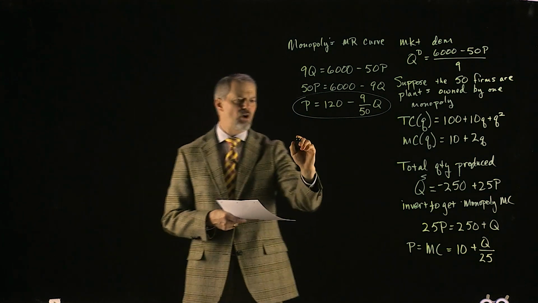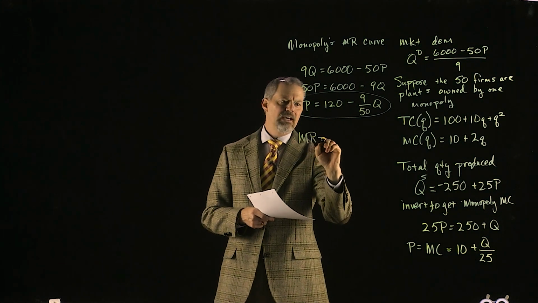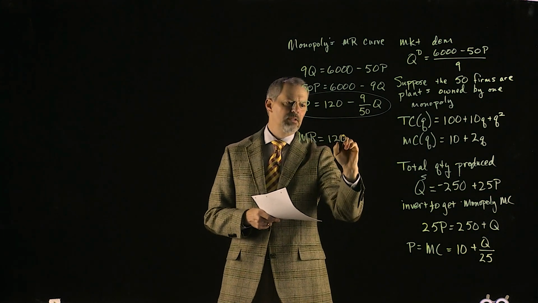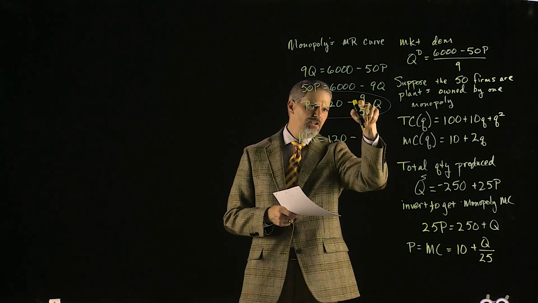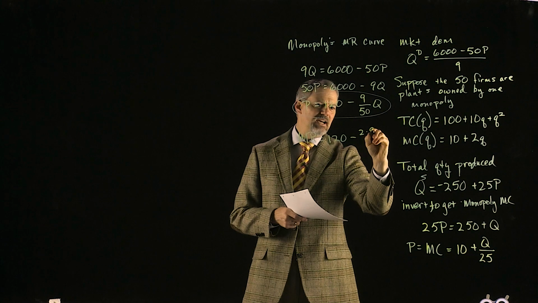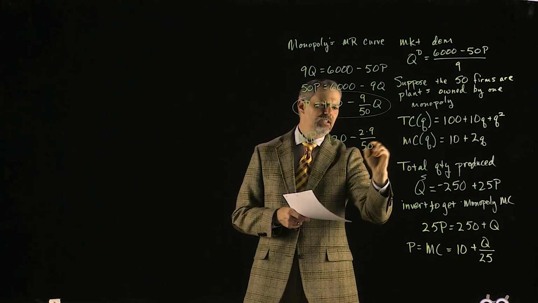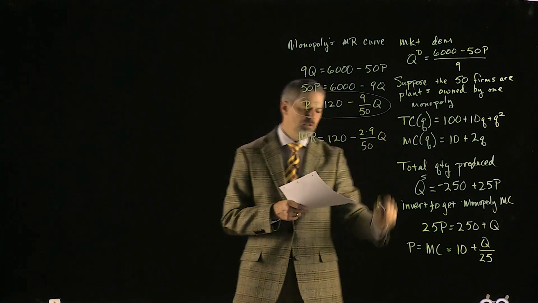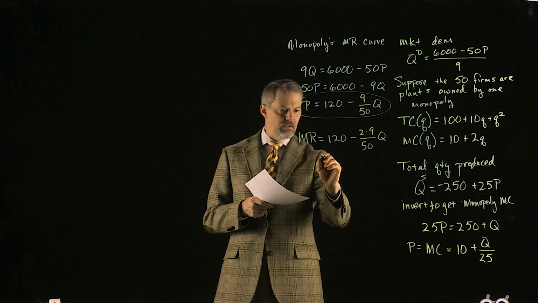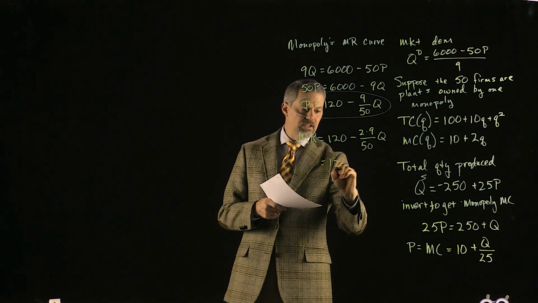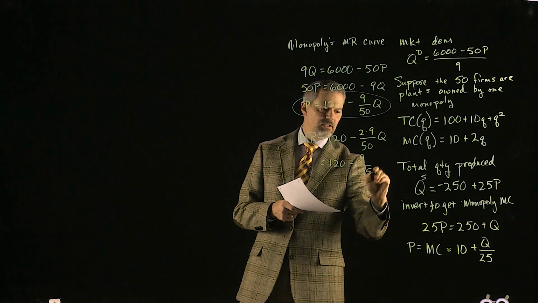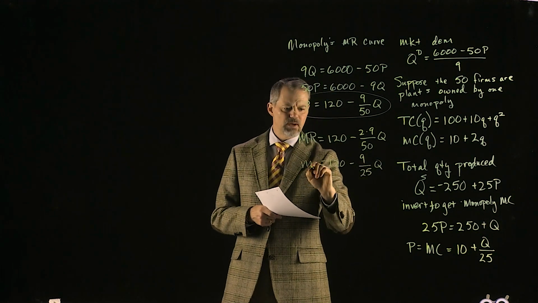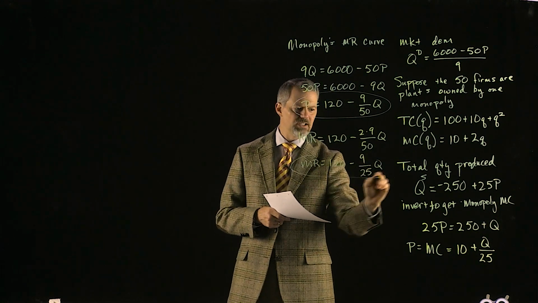That means that my marginal revenue curve has the same intercept and twice the slope. So I'm going to say minus 2 times 9 over 50 times Q. I can rewrite that as 120 minus 9 over 25 Q. There's my marginal revenue curve. That's what I'm really after right there.